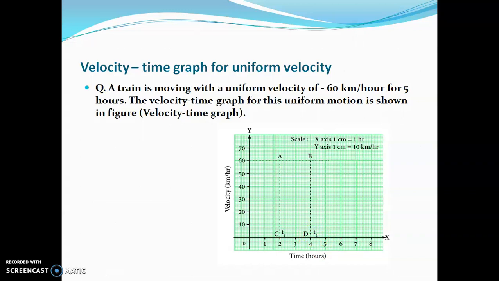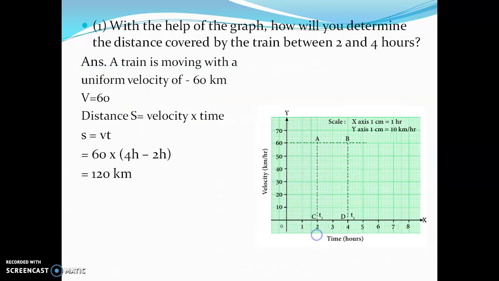Okay, so let's study more about this graph. The question is, with the help of the graph, how will you determine the distance covered by the train between 2 and 4 hours? So we have to find the distance covered by the train between 2 and 4 hours.